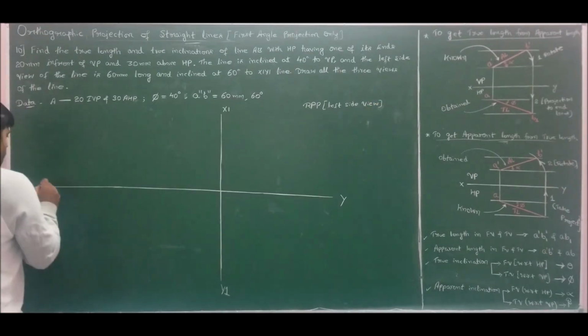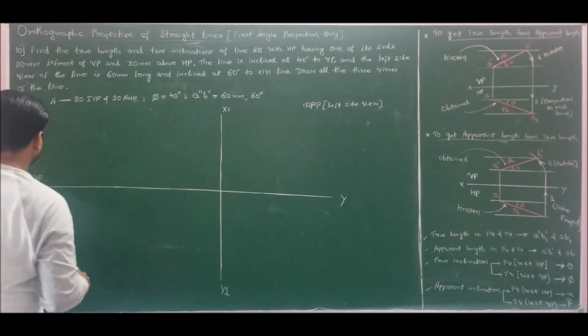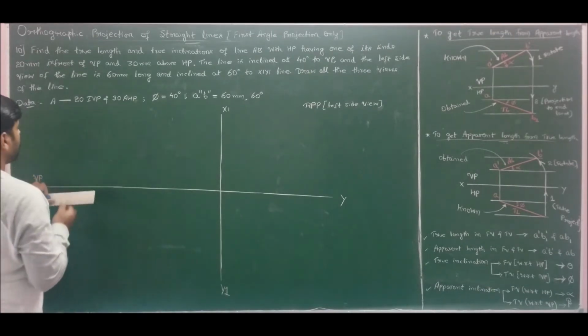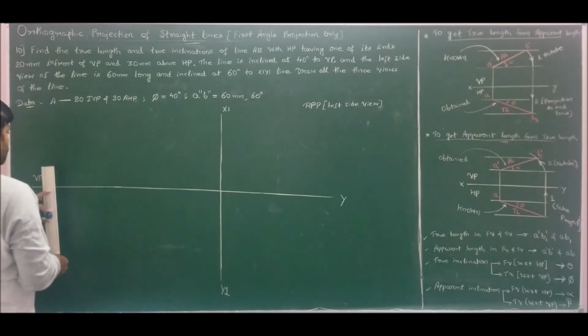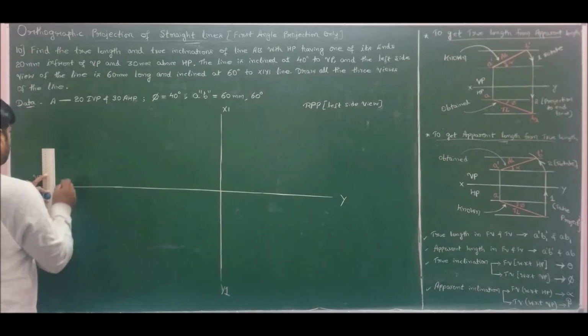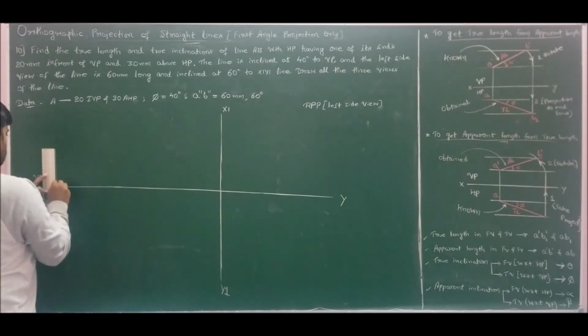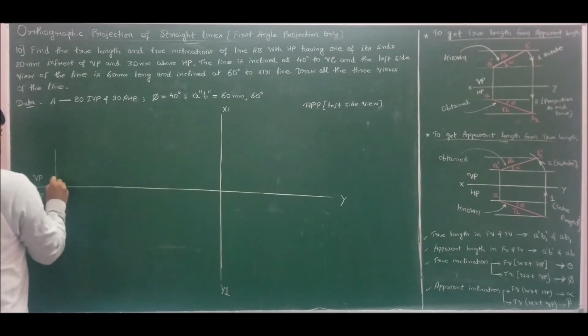Now let us mark the locus. For first angle projection, VP will be above and HP will be below. Marking the locus of A dash, it is 30 mm above HP. So I have taken 30 mm above HP.